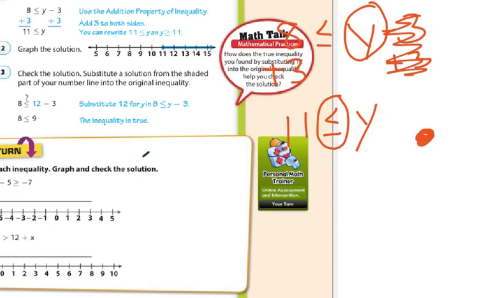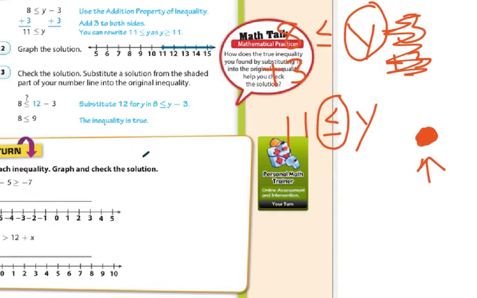This time it's colored in. That means that my answer is going to include 11. So 11 could be the answer. So there's a big difference between an open circle and a closed circle when I'm graphing my inequality.